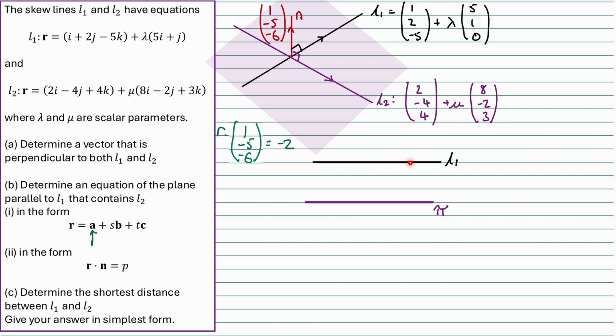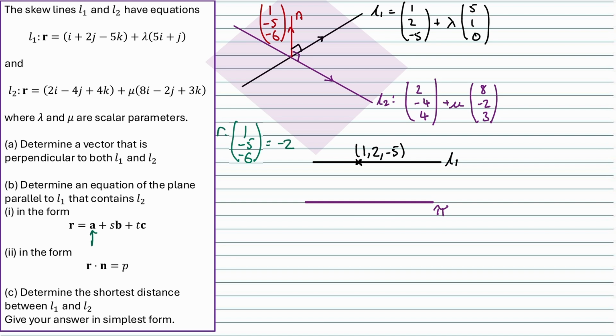Because L1 is parallel to pi, any point from L1, its shortest distance to the plane would be the same as any other point. And we've been given this point on L1. So we can label this here, a point (1, 2, -5).